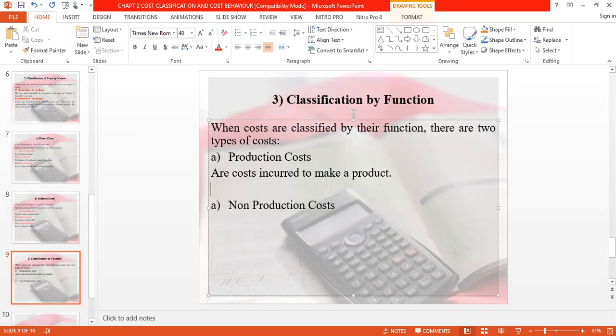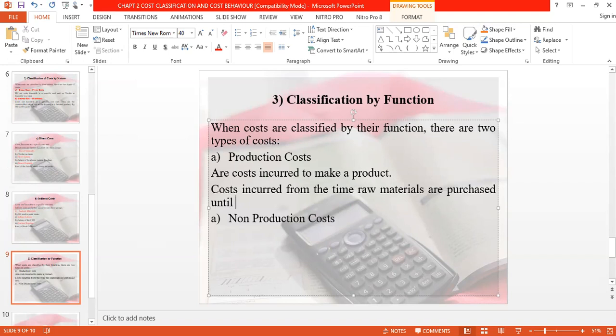There is also a second definition of these costs. Production costs are also costs incurred from the time raw materials are purchased until when the finished product is made ready for sale.